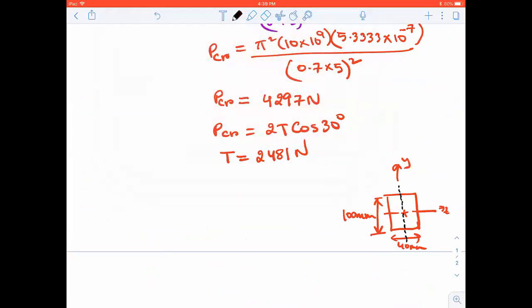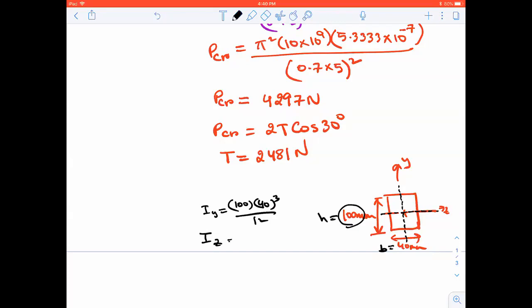This is your B, and this is your height, H. So IY is equal to 100 times 40 cubed by 12. Whereas IZ, if you take it about this location, this will become your B, and this will become your height.